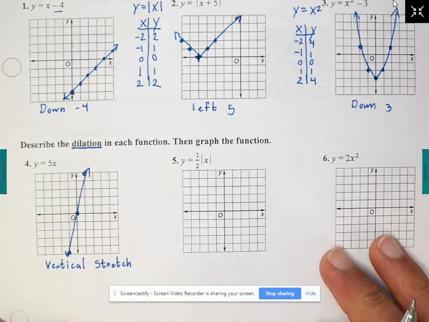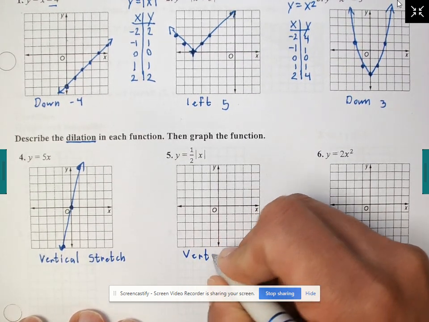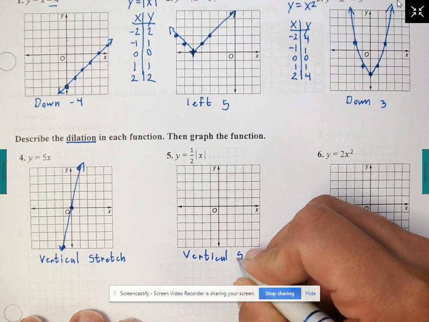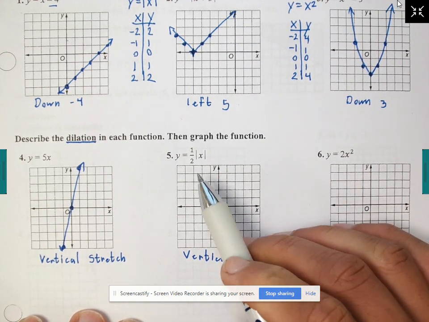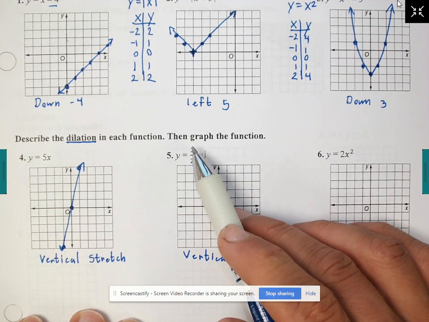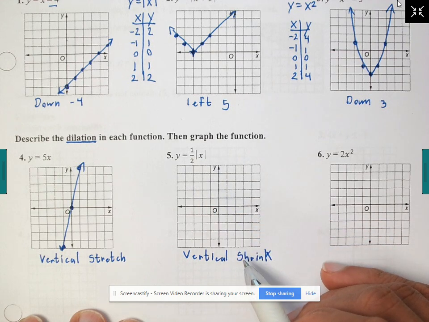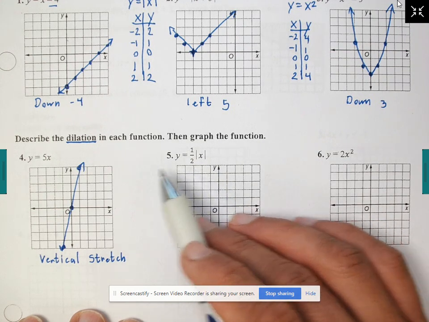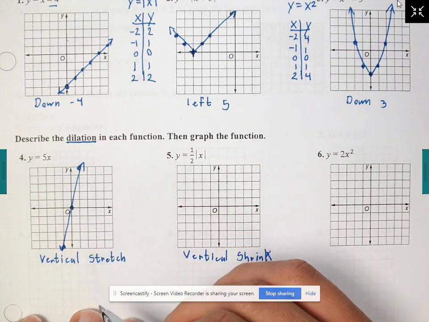All right, for this one right here, this is going to be a vertical compression or vertical shrink. And how do I know it's a shrink over a stretch? Remember, if the number in front of the function is less than 1, then it's going to be a vertical shrink or vertical compression. If the number in front, like this one, is bigger than 1, then it's going to be a vertical stretch.